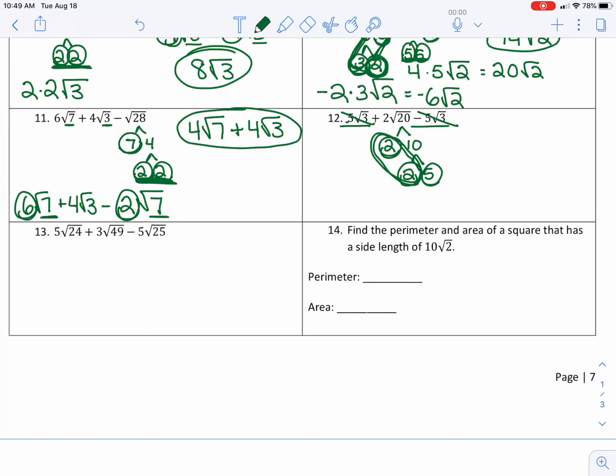So I'm going to bring one of those 2s out, but I already have a 2 out front also. So I bring one of my 2s out, and then my loner 5 stays underneath the radical, so I end up with, that is not right. Don't know why I wrote that. 2 times 2, which gives me 4 root 5. And that's going to be my final answer.